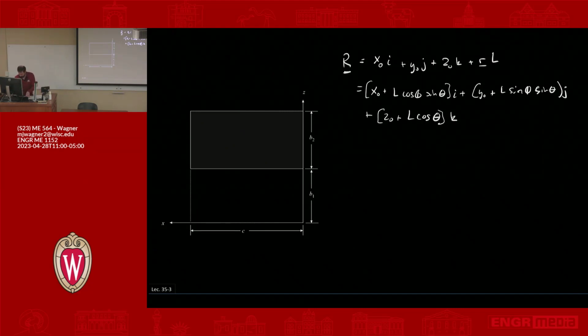That is, first, that y0 plus L sine phi sine theta is equal to 0. So that's saying that if I go from my starting y position, confusing myself here. Y, okay, the y coordinate.